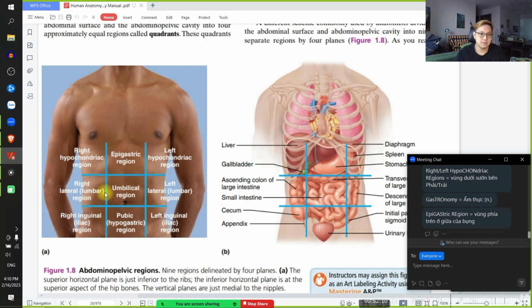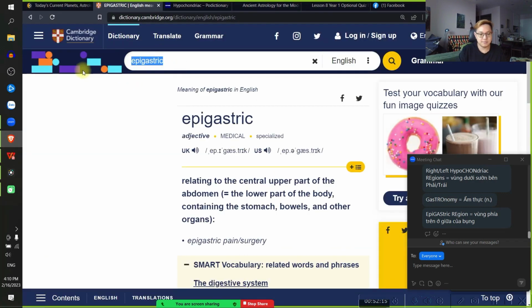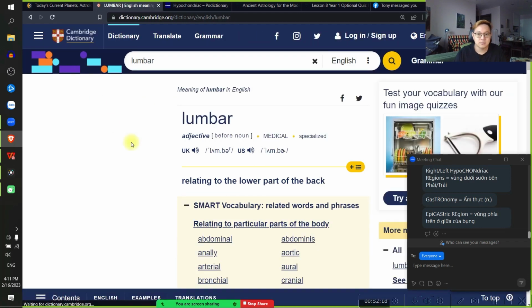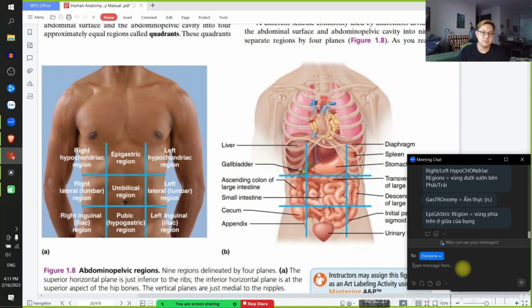Let me check the word lumbar. It is the lower part of the back, not the hip. The lateral region is far from the middle section.